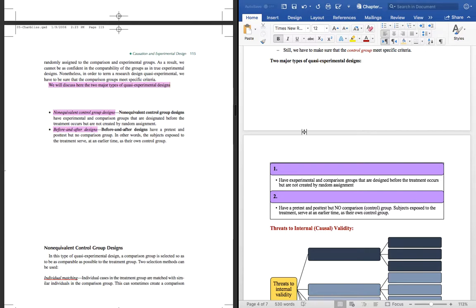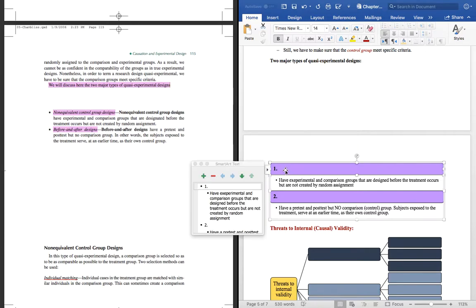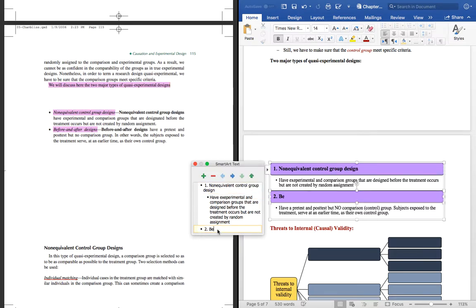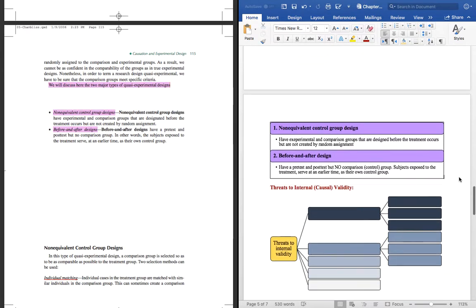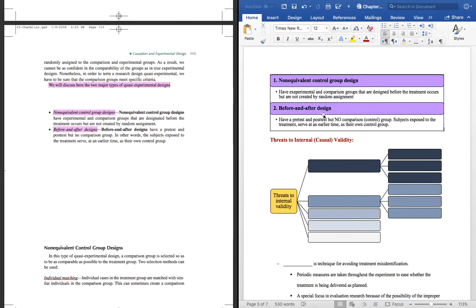There are two major quasi-experimental designs. The first is non-equivalent control group design, and the second type is before and after designs. The non-equivalent control group is exactly the example that I just gave you.